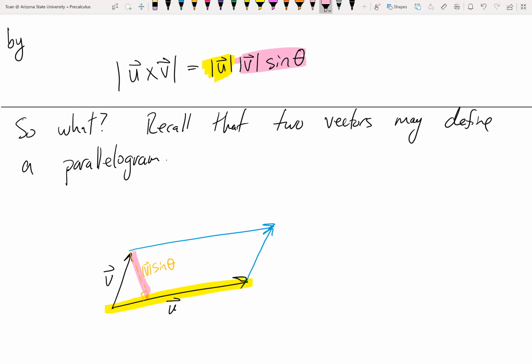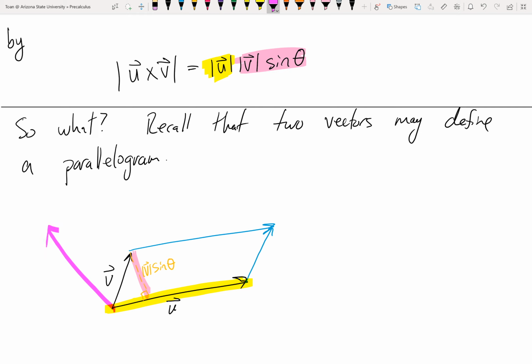So that's a pretty neat implication. It turns out that while the cross product, conceptually, is simply a perpendicular vector, its length just so happens to be the exact area of the parallelogram formed by those two vectors. It's such a neat idea. I'll say it again. The cross product of two vectors is a third vector that happens to be perpendicular to both of them.